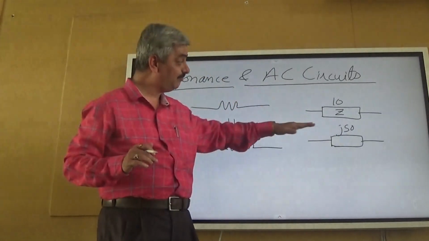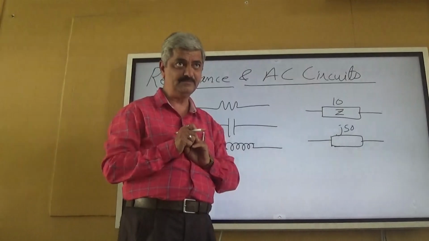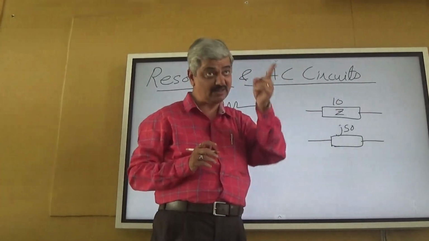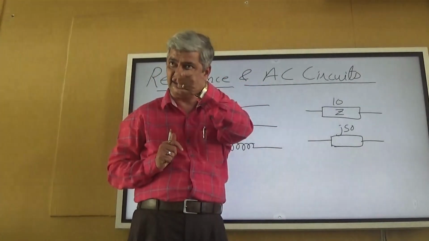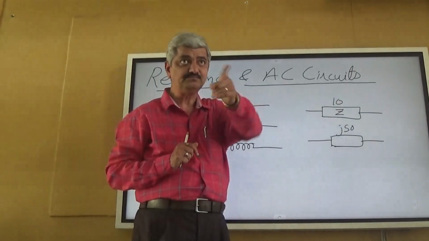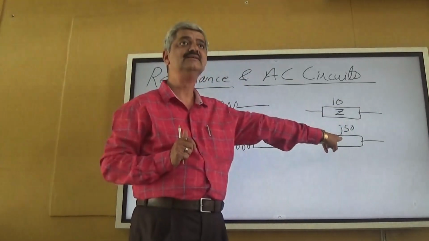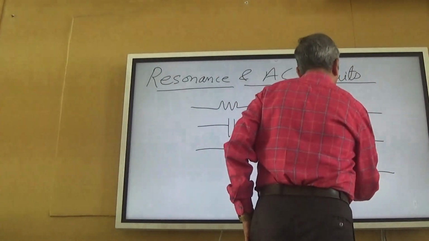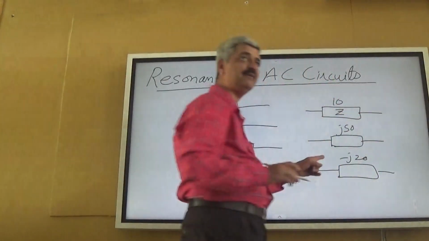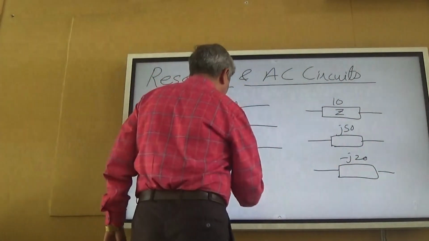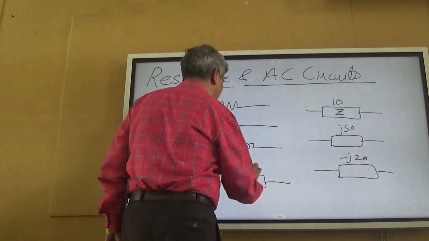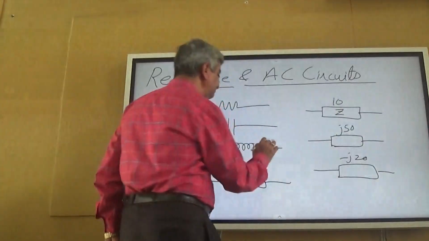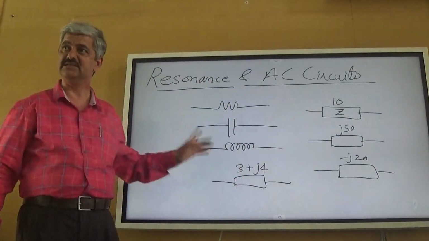It is an inductive component whose impedance is j50, meaning the value of L need not be given. At a given omega, impedance is j50, or impedance is minus j20, a capacitive impedance. Or you can have R plus L, say 3 plus j4. Is it clear?